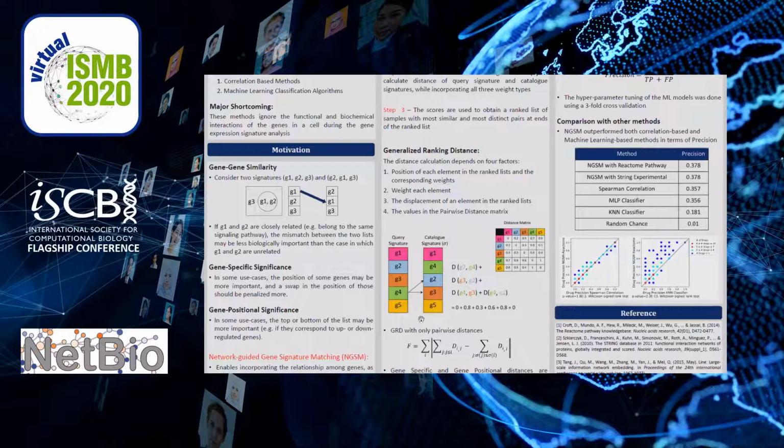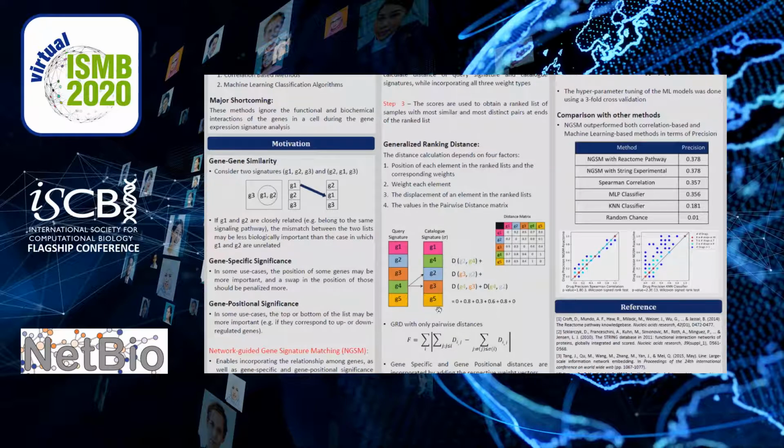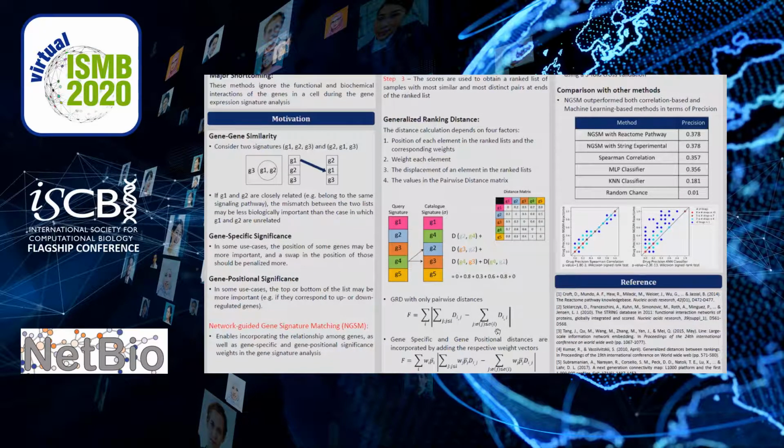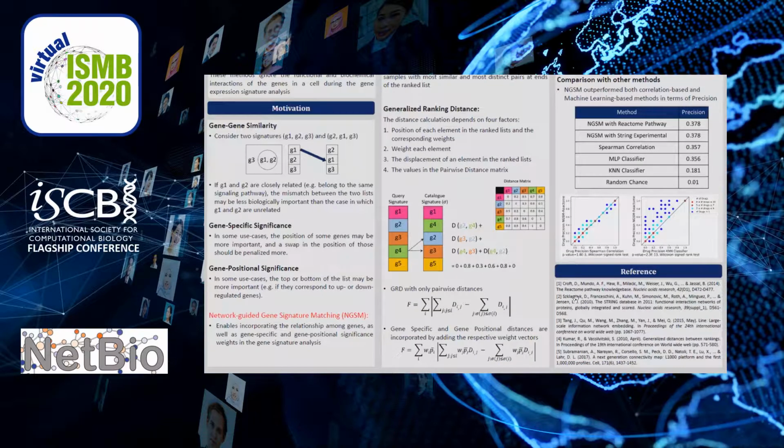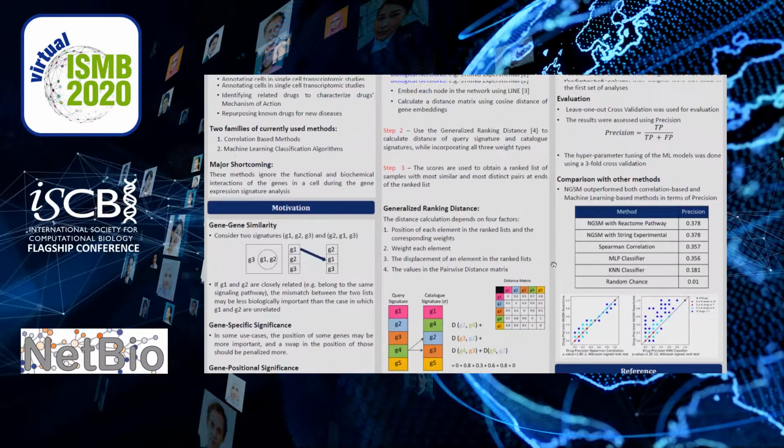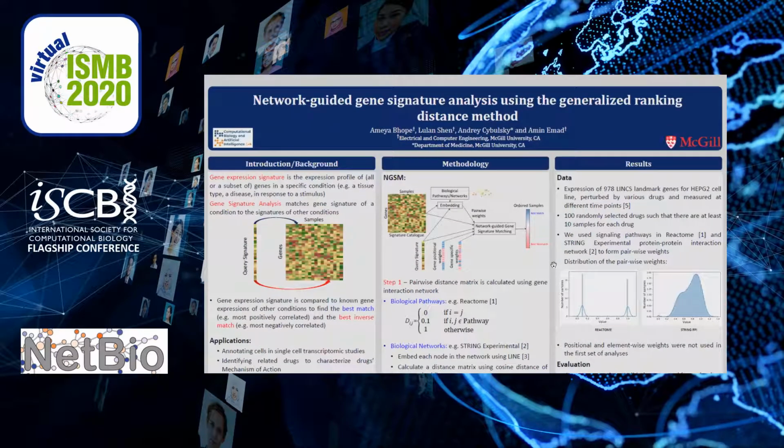Since the position of G5 remains the same, its contribution to the weight vector is 0. The first equation shows the formula when only considering the pairwise distances, and the second one shows the formula for all types of weights.